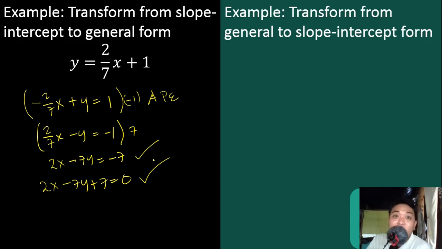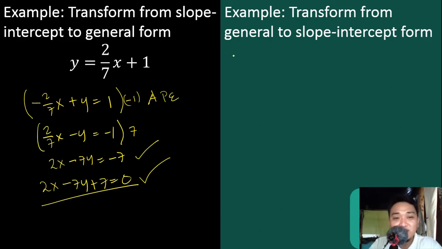Now, paano naman natin ibabalik into slope-intercept form? Kunyari, ito yung given sa problem, pinapahanap sa atin yung slope. So, paano natin kukunin yung slope? All we have to do is to transform it back to slope-intercept form para makita natin yung totoong slope.